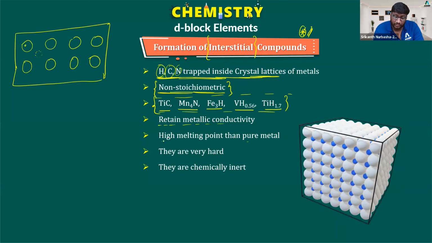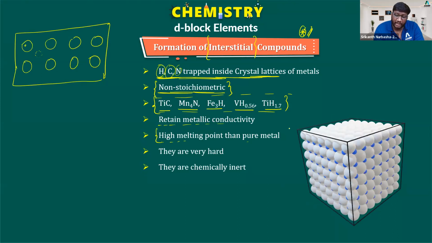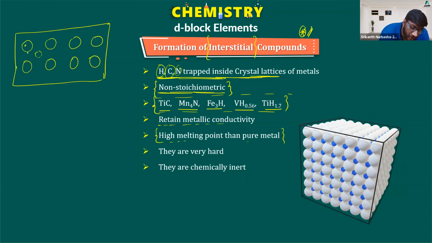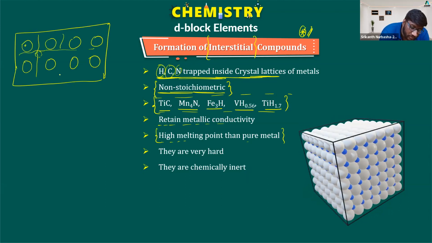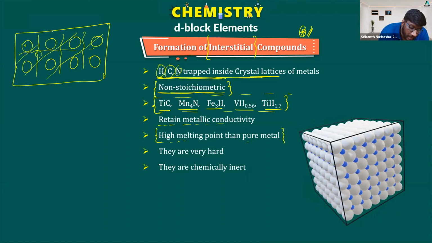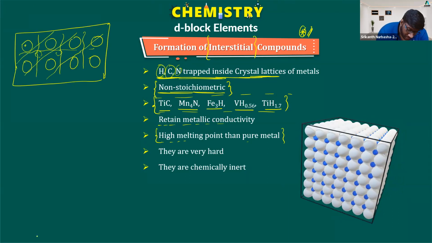They are hard like pure metal. Why? Can anyone say why it is so? If I have an atom somewhere here, we have free electrons throughout. And you have smaller atoms like here. I'll change the color.